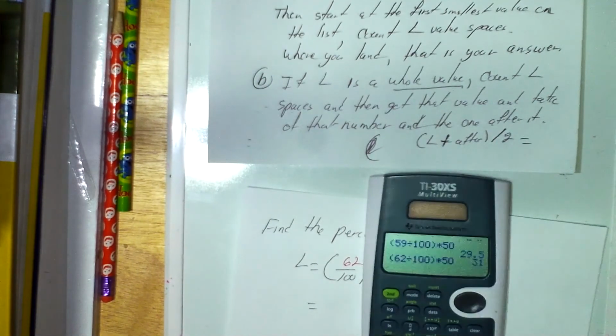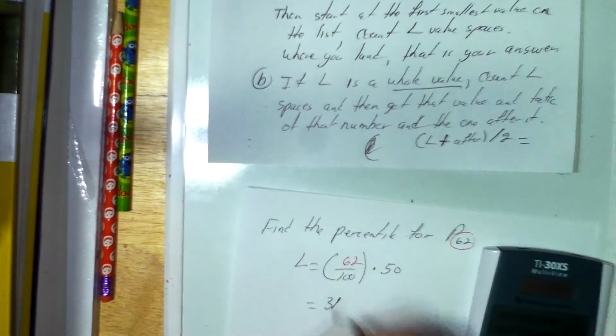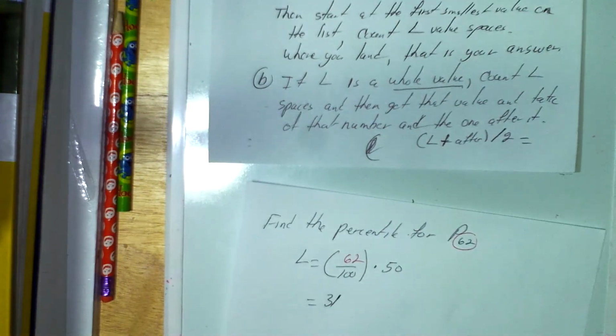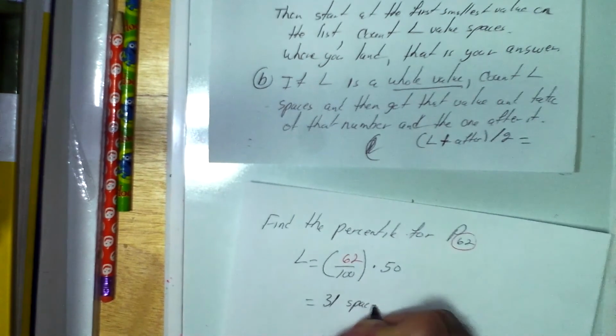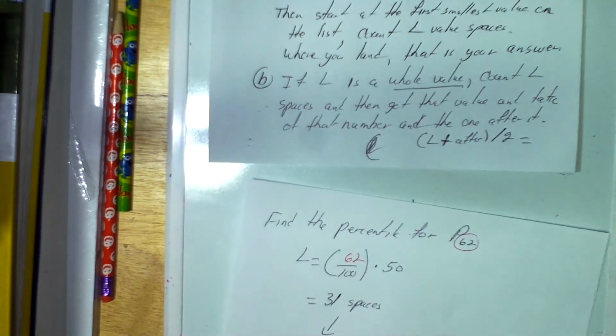Notice I get 31. See how 31 is a whole number? Okay, so you're gonna go to the 31st value on the list. You're gonna count 31 spaces. And remember, you're gonna take the average.